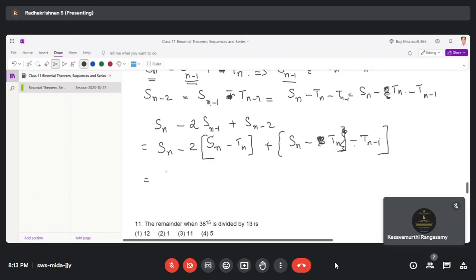Now let's simplify. So it will be Sn minus 2Sn plus 2Tn, plus Sn minus Tn minus Tn minus 1. So you see that here is one Sn, here is one Sn, here is minus 2Sn, so they will get cancelled.